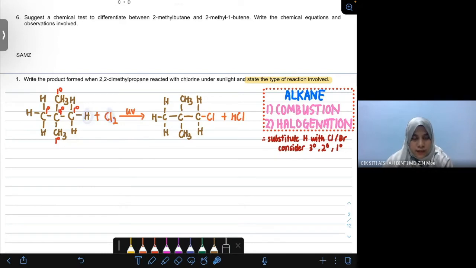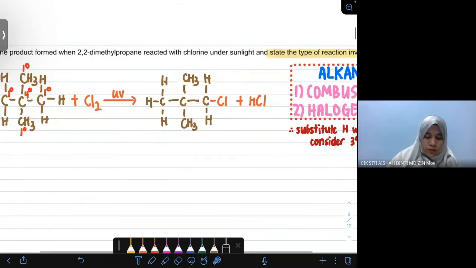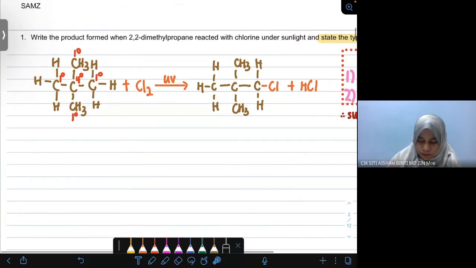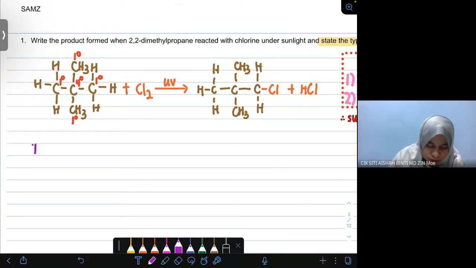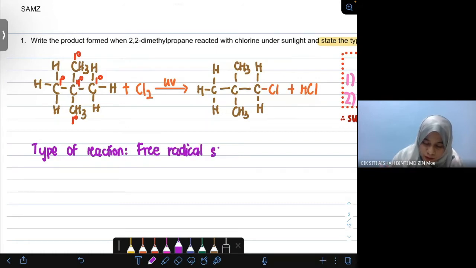And because of the UV, when we study the mechanism, we know that when we substitute, what will happen is the formation of radicals. So the type of reaction we have to write down is free radical substitution.